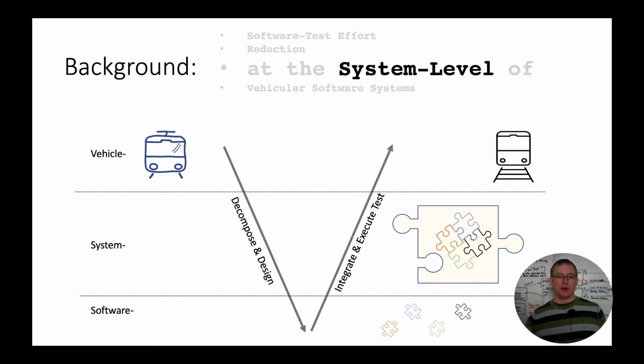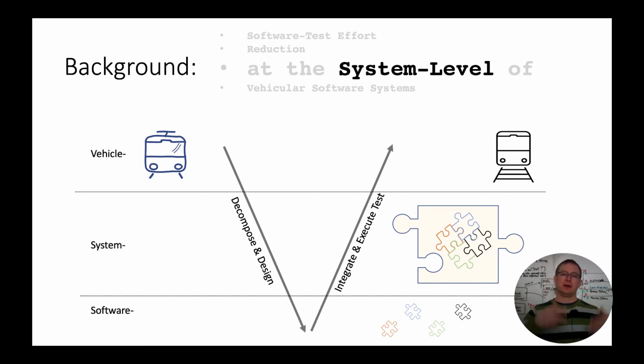So at the top level you have the vehicle level, where you specify the overall vehicle behavior and the software requirements, and you have, for example, acceptance tests and user tests for the entire vehicle. At the next level, the system level, you describe each subsystem, how the things should work together, for example the braking system and the door system and so on.